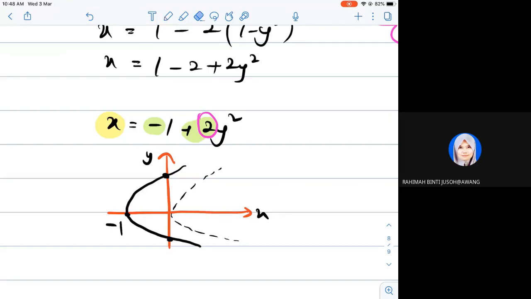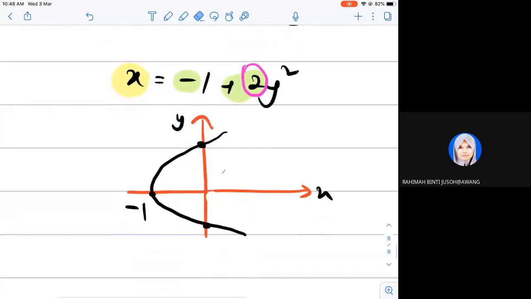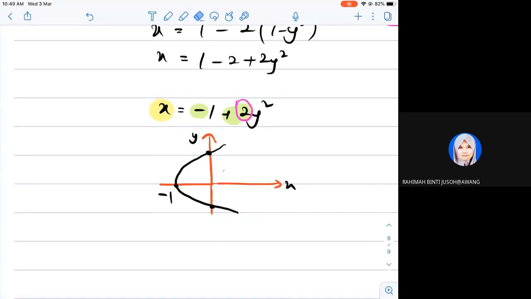Ni saya padam balik, saya just nak tunjukkan dia menghadap ke mana tadi. Okay, apa nilai tu yang saya buat titik-titik tu? Apa complicated sangat, lama sangat kira tu. Fikir logik je lah guys. When x equals 0, what happened? 2y squared minus 1 equals 0, isn't it?